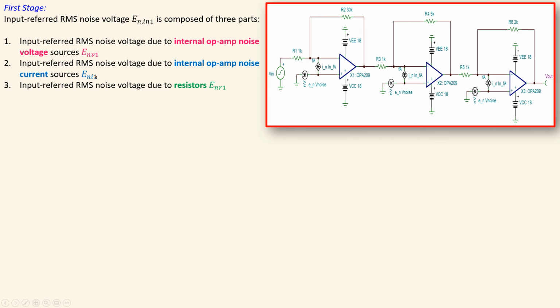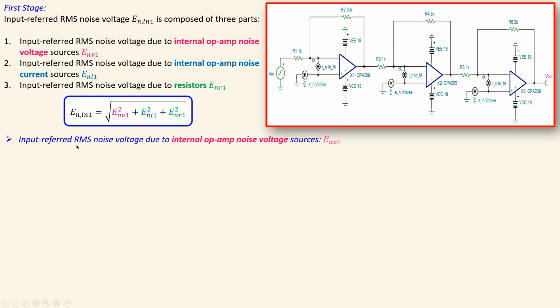These are all given here in the symbol with the subscript 1, denoting the first stage. And these will be combined again using root sum of squares. So this will be the total input referred RMS noise voltage at the first input stage.